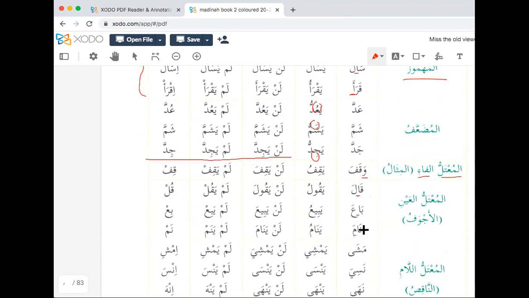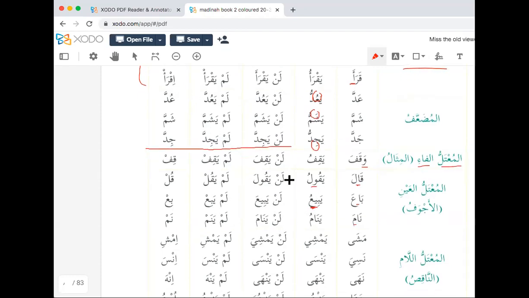And also it's important to know that ajwaf, sometimes the middle letter is going to be a waw originally, sometimes it's going to be a ya originally. And that affects how it looks in the subsequent stages of mudari', of marfu' and mansub and majzoom.